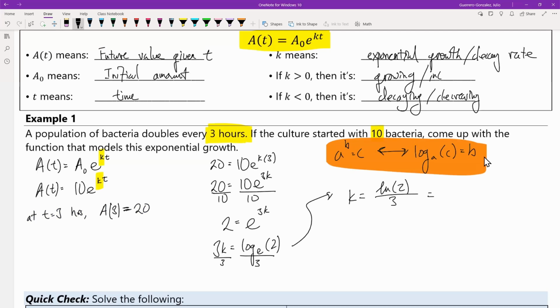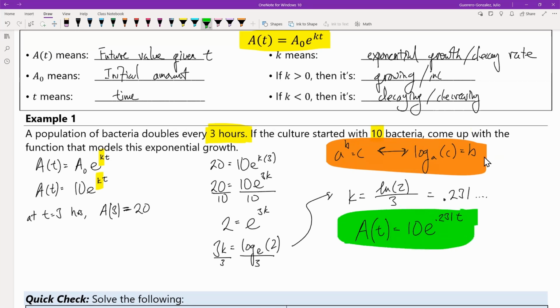If you compute this out, you get about 0.231 and change. So my final model for the growth of this bacteria is going to be 10e to the 0.231t. We are done. Bam. Okay?